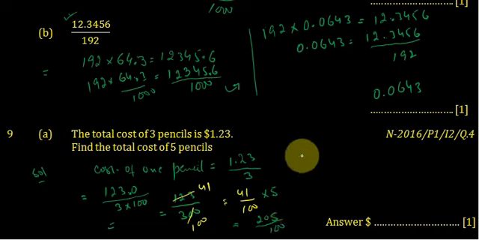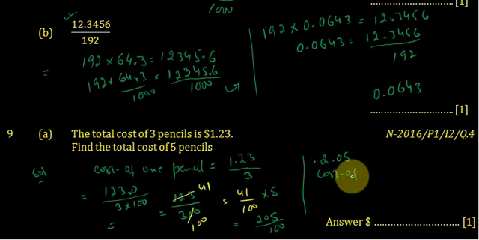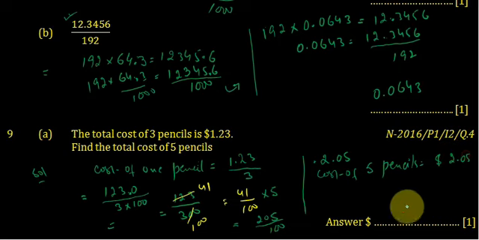When we remove the 100 in the denominator, we insert the decimal after 2 numbers: 2.05. So the cost of 5 pencils is equal to $2.05.